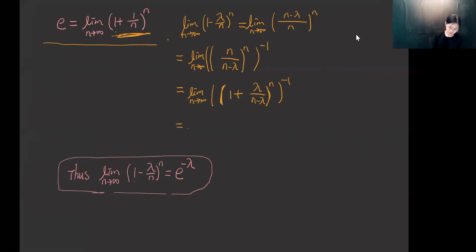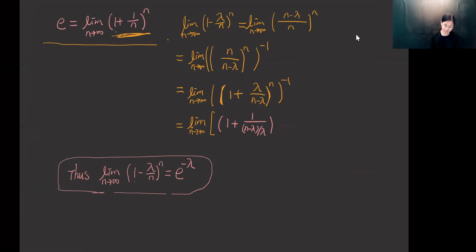Now I can continue this and write what's inside as 1 plus 1 over n minus lambda divided by lambda, which didn't change anything. I simply moved the lambda to the denominator.